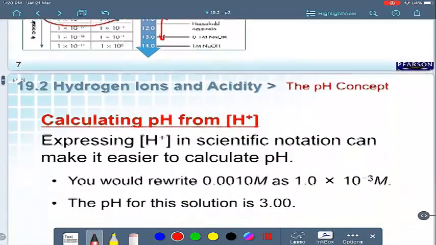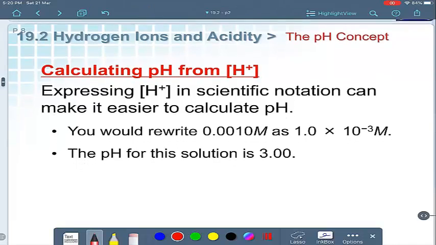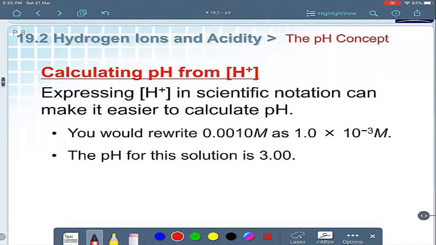Let's do some problems. How to calculate the pH if you have the H+ value? That means you have, in the example, the value of H+ and you need to calculate the pH.